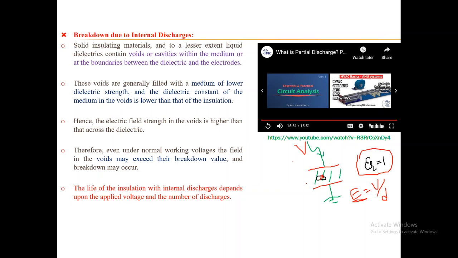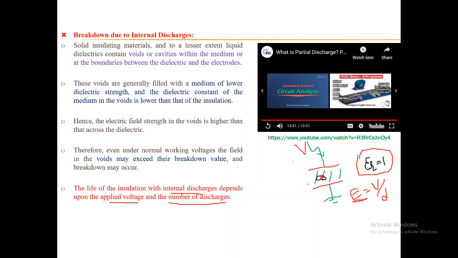So the life of the insulation with this internal discharge depends upon the magnitude of the applied voltage and the number of discharges that are observed. Okay, obviously it depends upon the type of the applied voltage. So generally, if we are considering our electrical network where we are using an alternating source, AC voltage, it will be very easy for the testing engineer to count the number of discharges, and these discharges always occur during the positive half as well as during the negative half, which you have seen in this video as well.